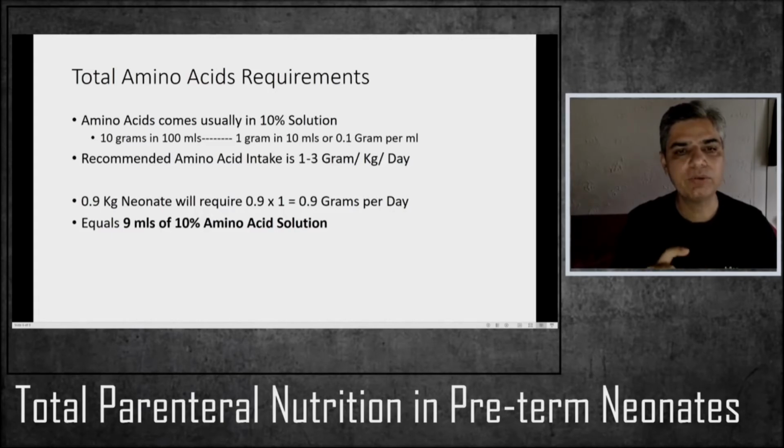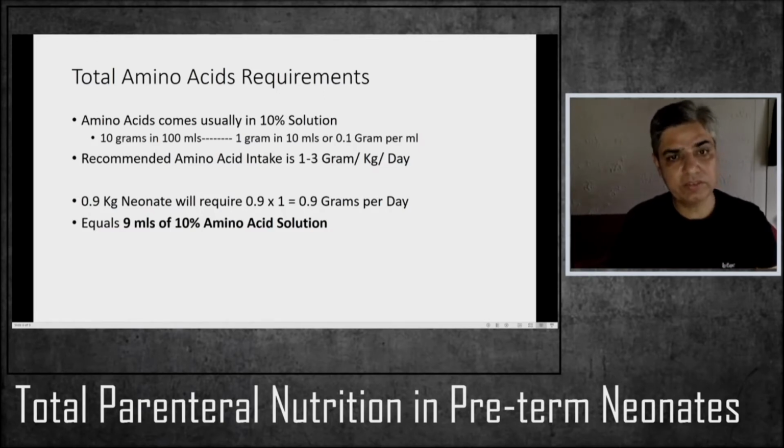Now the recommended amino acid intake is 1 to 3 gram per kg per day. Again, it depends on the condition. You can start with 1, you can give 2, you can go up to 3 gram per kg per day. So let's assume the baby that we have taken in our case example needs just 1 gram per kg per day.